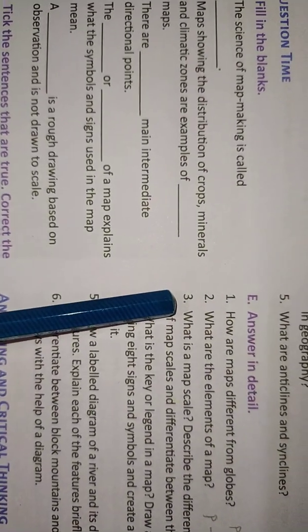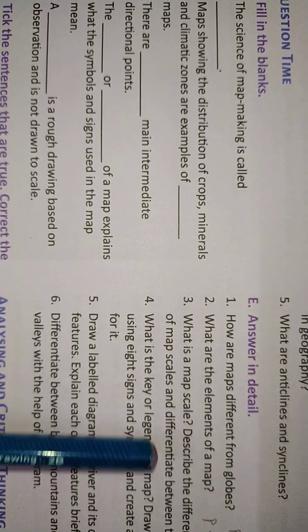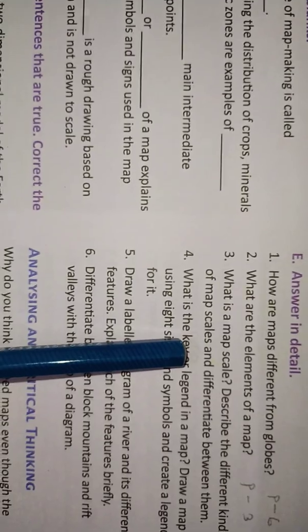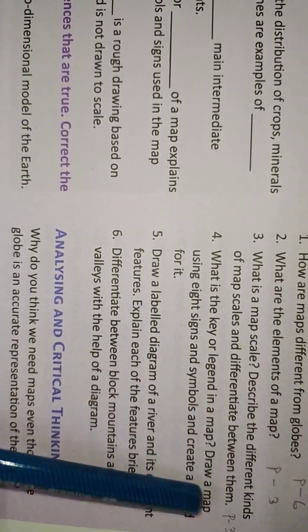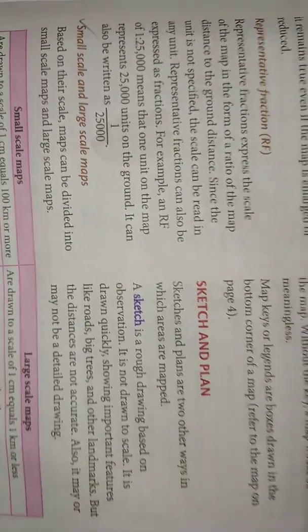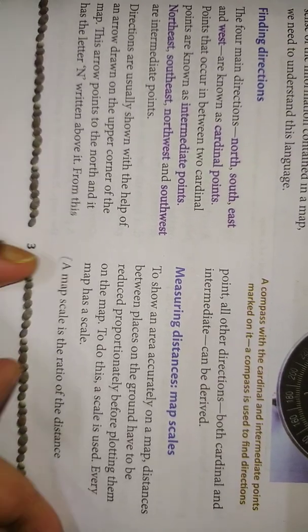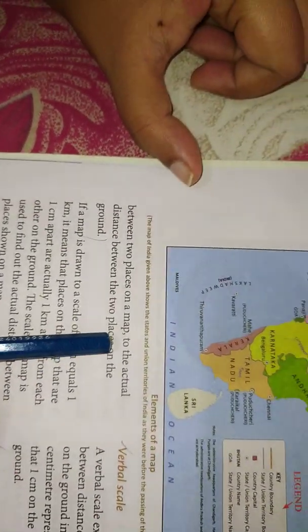Now question number 3, what is a map scale? Describe the different kinds of map scale and differentiate between them. Page number 3. A map scale is the ratio of the distance between two places on a map, to the actual distance between the two places on the ground.